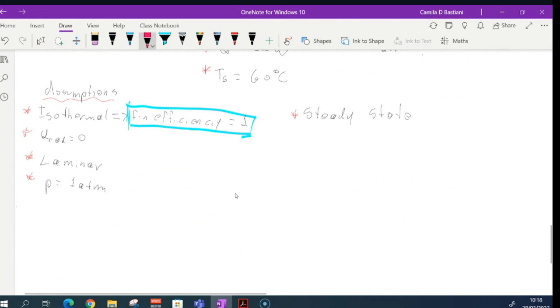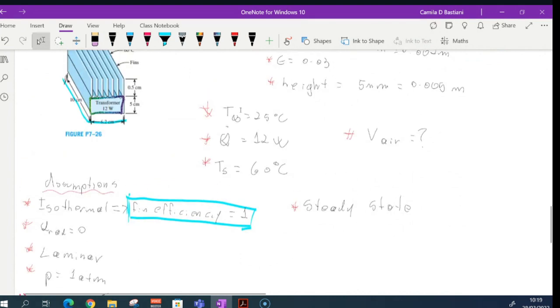I'm going to separate that in steps, okay? So step 1 is going to be finding my film temperature. Why? Because I need to read my data for the air at the film temperature. My film temperature is the temperature of the surface plus the temperature of the air divided by 2. I'm told that the air temperature is 25 degrees Celsius, right?